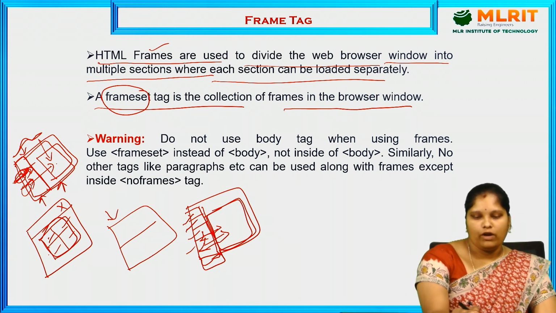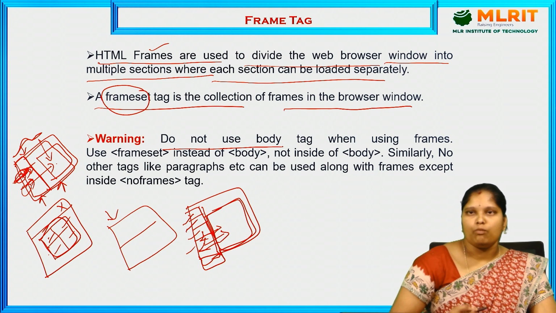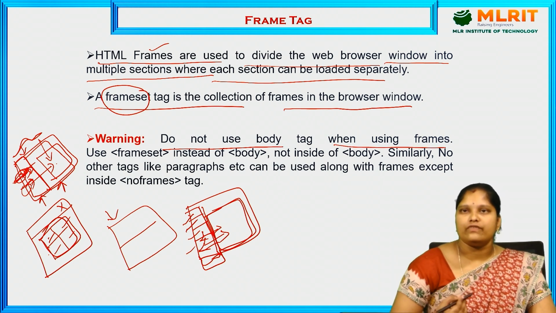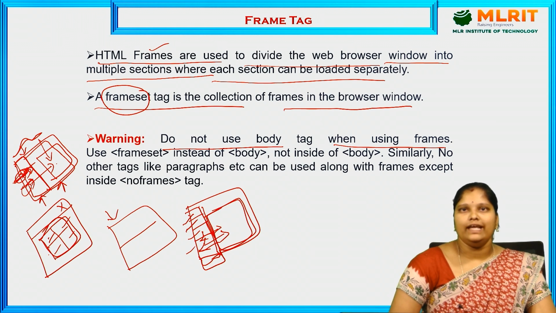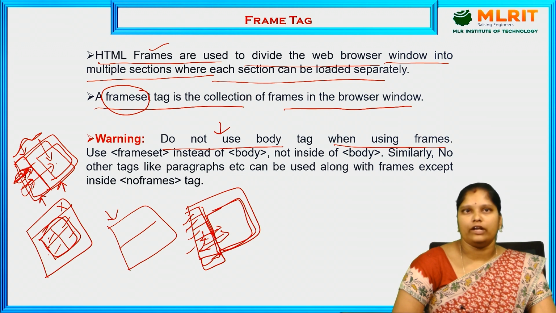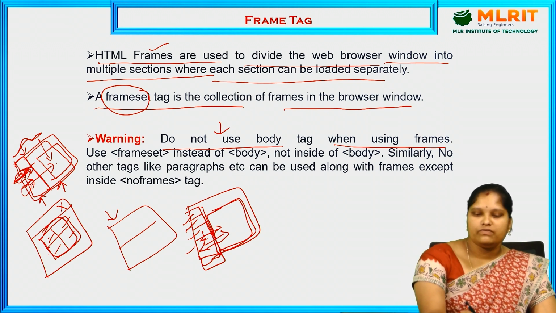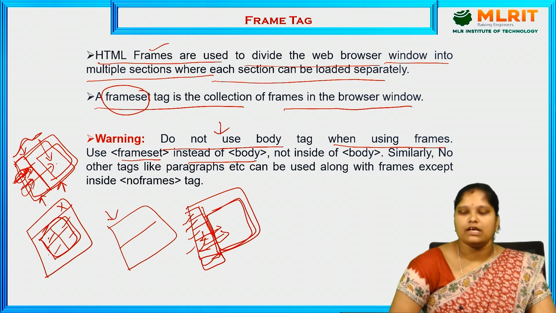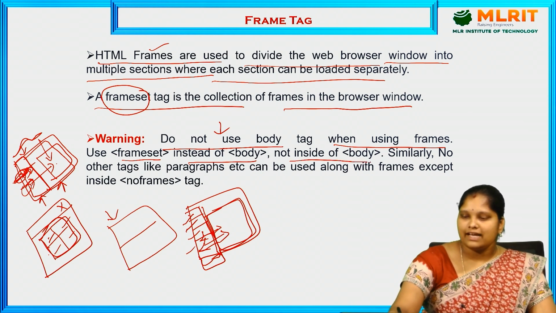Here one warning is there: do not use the body tag when using frames. When you have to deal with frames, you do not use the body tag. Use frameset instead of body.